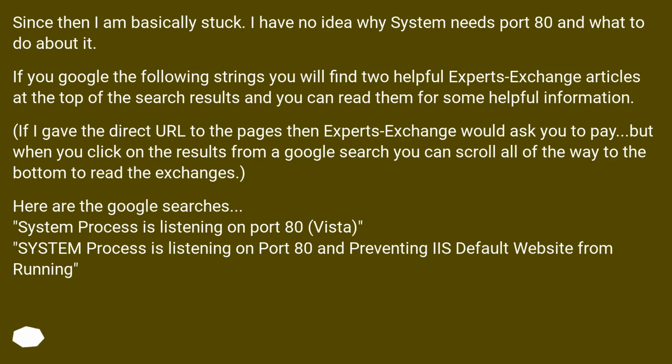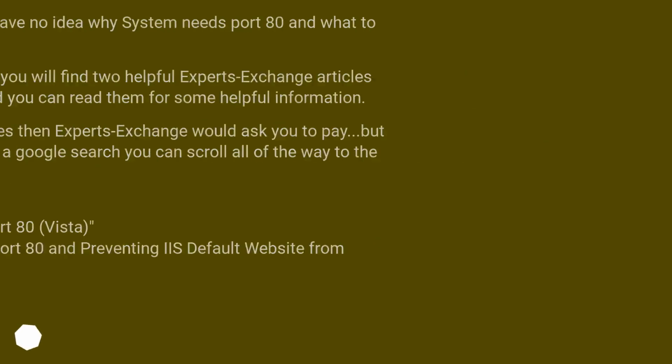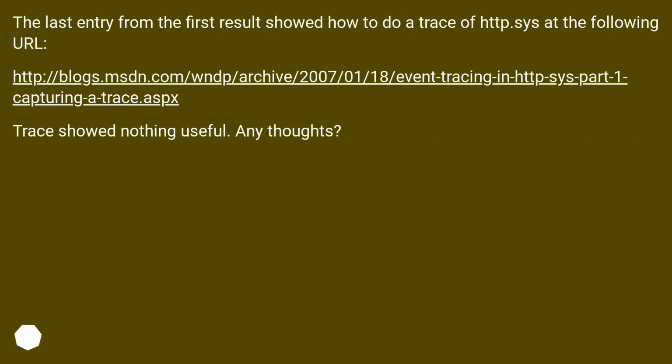System process is listening on port 80 and preventing EASE default website from running. The last entry from the first result showed how to do a trace of http.sys at the following URL. This URL trace showed nothing useful. Any thoughts?